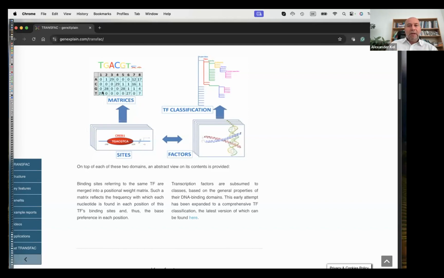We have the biggest collection of those matrices for various species. And for those transcription factors, we made a lot of effort to classify them and to have a kind of anatomy of all transcription factors in the human genome. That's all included in the TRANSFAC database.